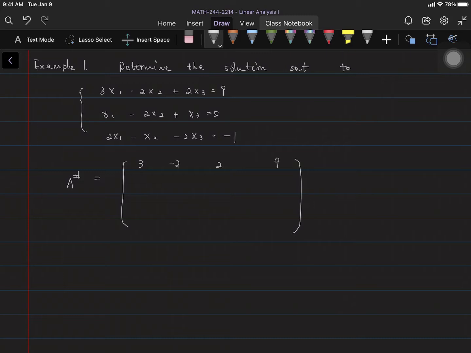So we need to write down b also. Here 1, -2, 1, 5. 2, -1, -2, -1, and then we want to reduce this to row echelon form.